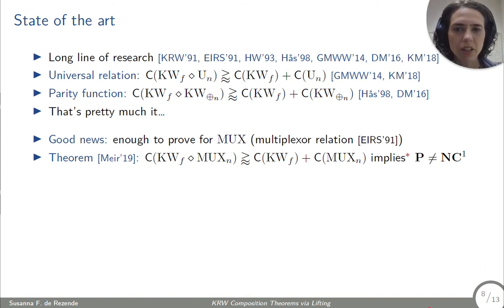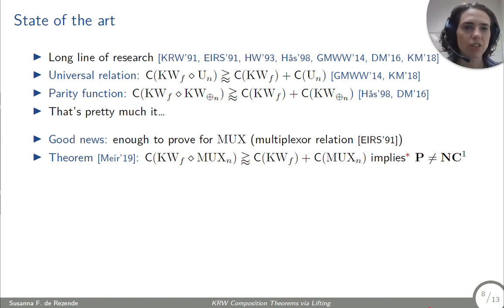What Meir showed last year is that if we could show that the communication required for solving the KW game on F composed with the multiplexer relation is approximately equal to the communication required for solving the KW game on F plus the communication required for solving this multiplexer relation, then we would also get P is not equal to NC1. Okay, there's a minor technicality here on how this communication is defined, but this is essentially what the result says.